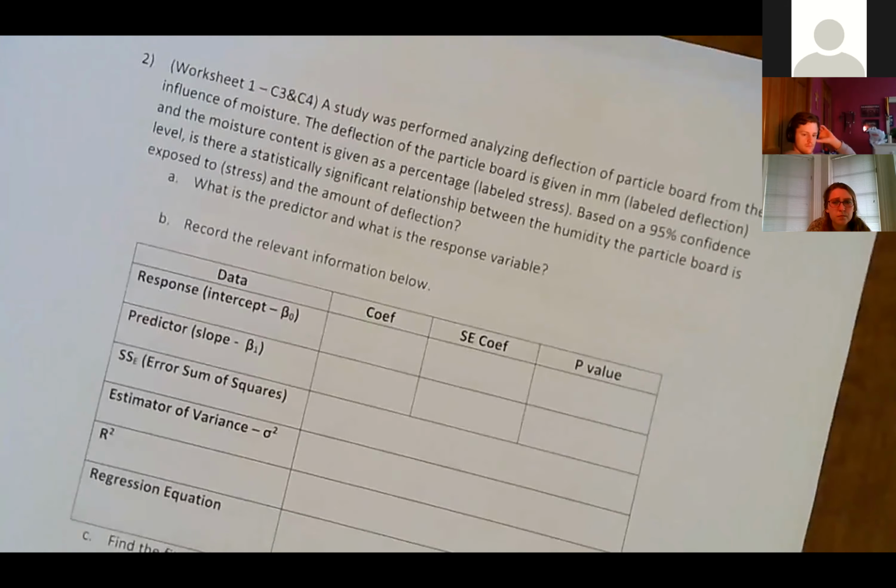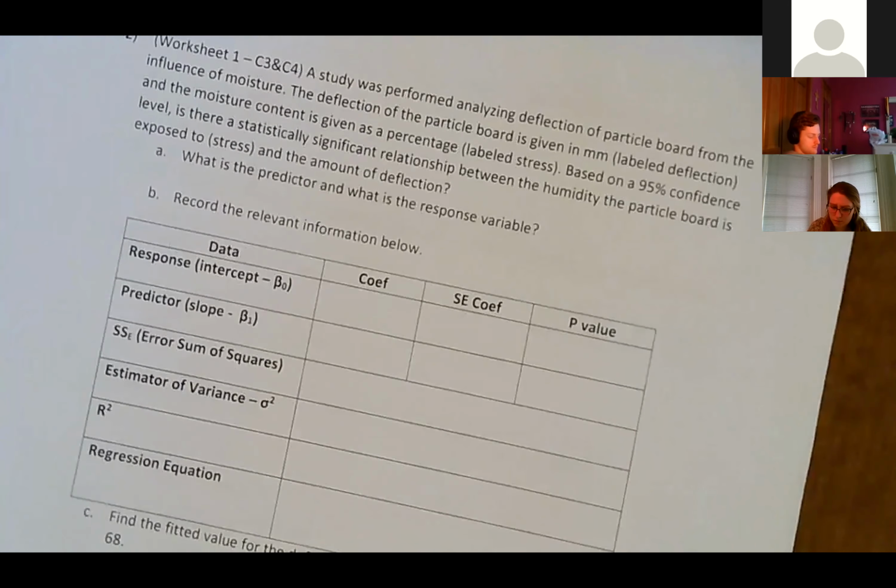Our question says a study was performed for deflection of particle board, influence of moisture, and we're looking at a 95% confidence level. Is there a statistically significant relationship between the humidity of the particle board and the amount of deflection? So before I even open Minitab, I can go ahead and see the way that they're labeled in Minitab.